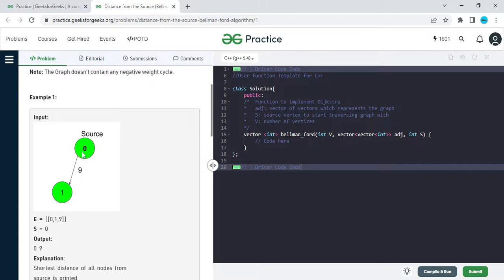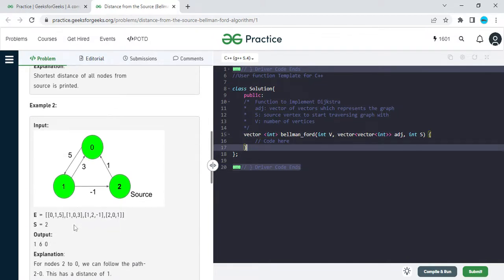As you can see, from 0 to 0 the distance is 0, and from 0 to 1 the distance is 9. So the output is in a vector, obviously. In the vector, we have to give 0 and 9. And in this example, again all the information of the edges and weights is given. Source is 2.